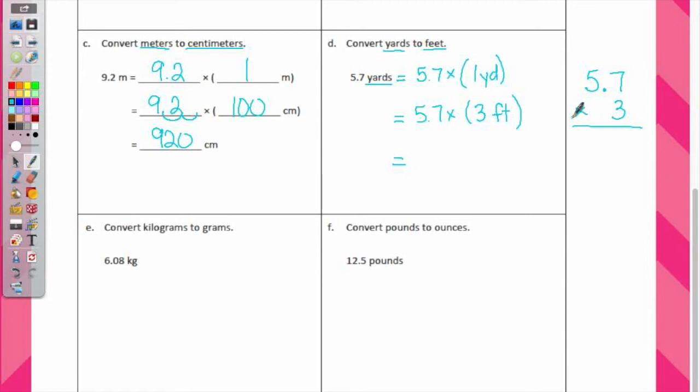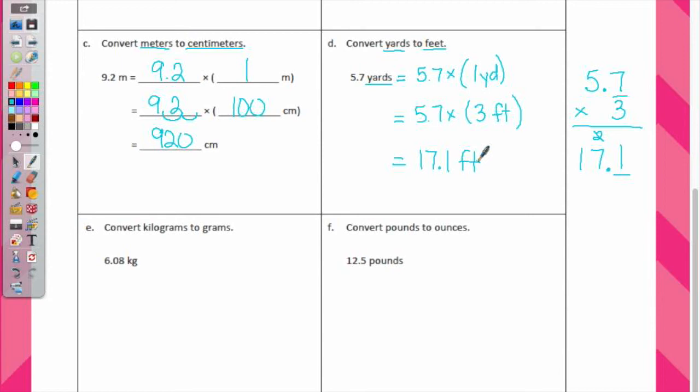So what place value did I start with? Tenths. Go ahead and multiply.